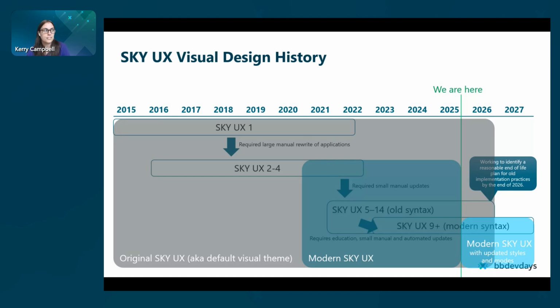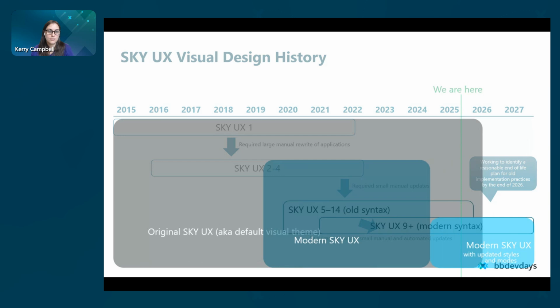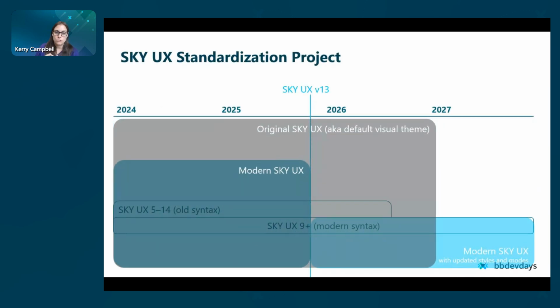If you've already updated and are using modern SkyUX, continuing to maintain your major version will mean that you are enabling that new style automatically. So there's no work that you need to do necessarily in order to get those new styles.